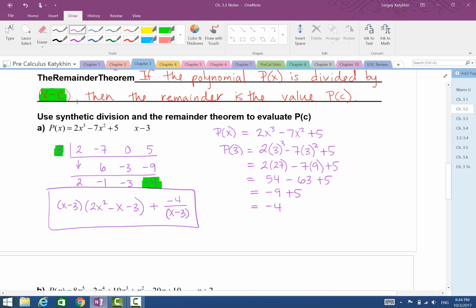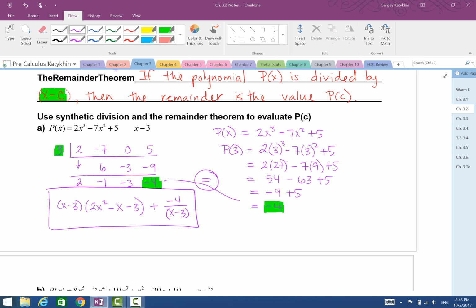So what they were trying to do is show you that when you plug in your c, you also get a remainder of negative 4. Notice those two are equivalent. And that's what the remainder theorem is stating.